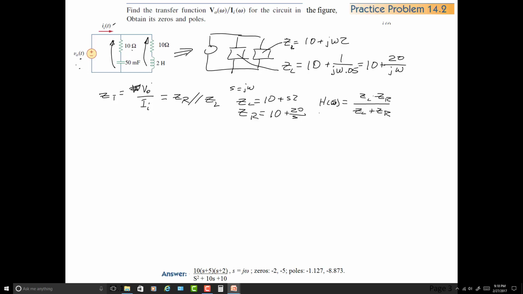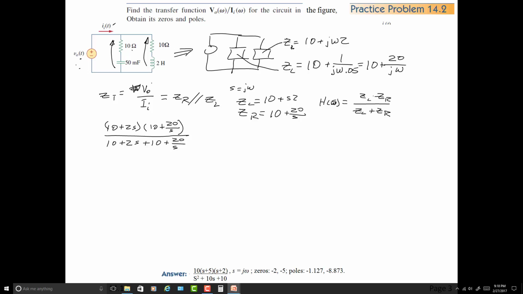Yeah? Okay, so let's just do this. Let's see, the left is 10 plus 2S, so we've got 10 plus 2S times 10 plus 20 over S, all over the sum of those two, plus 10 plus 20 over S. Okay, so why don't we do this?